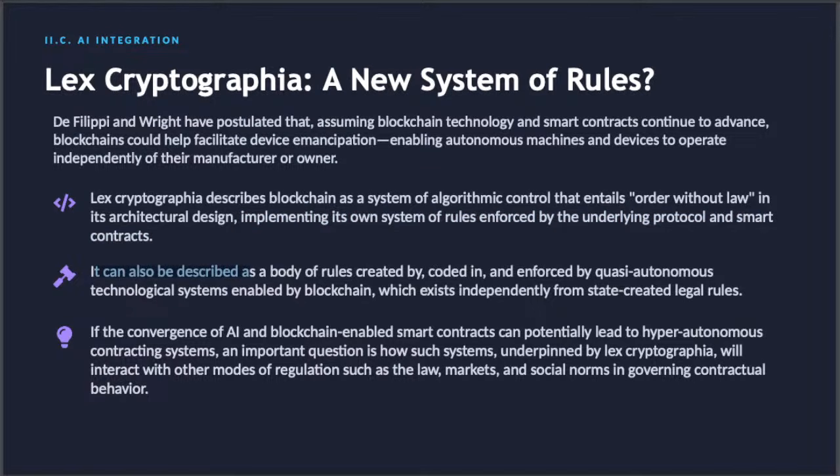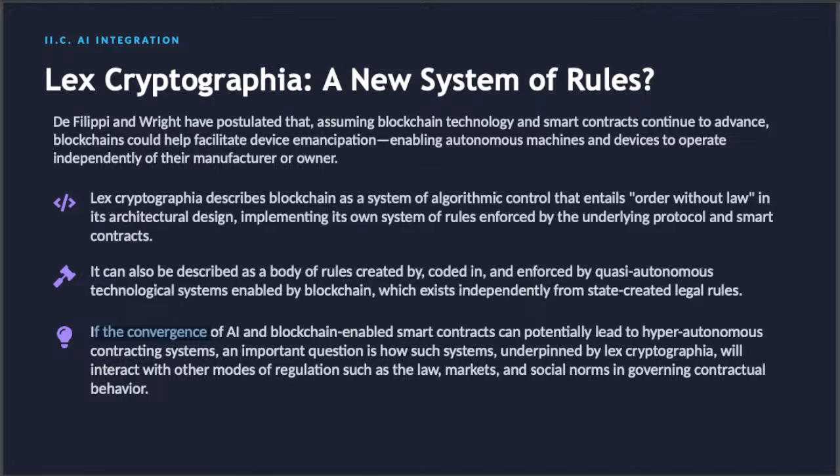It can also be described as a body of rules created by, coded in, and enforced by quasi-autonomous technological systems enabled by blockchain, which exist independently from state-created legal rules. So that's a lex cryptographia, a new system of rules. And this is order without law, quasi-autonomous, and exists independently from state-created legal rules or public.